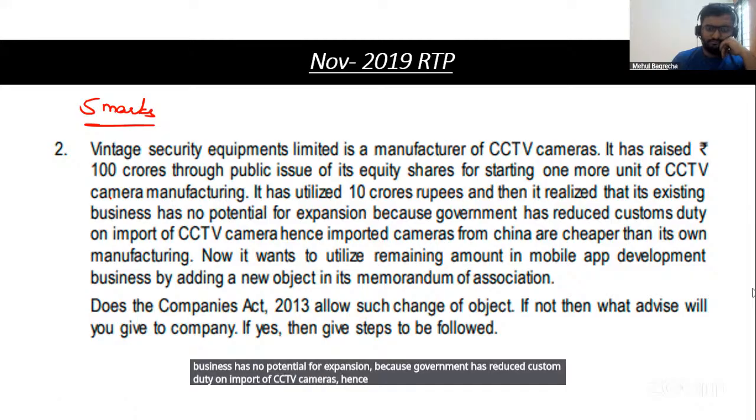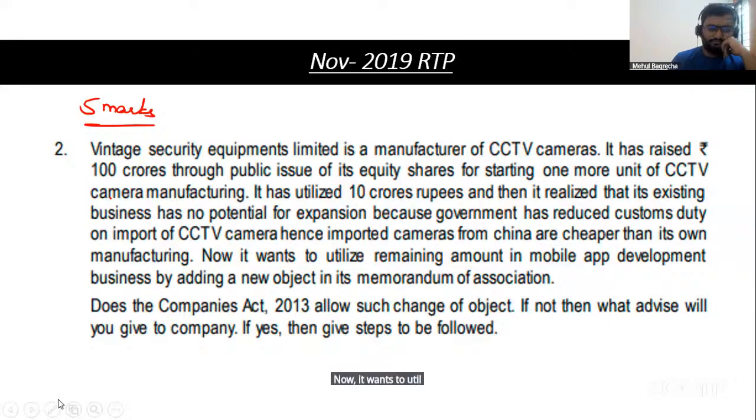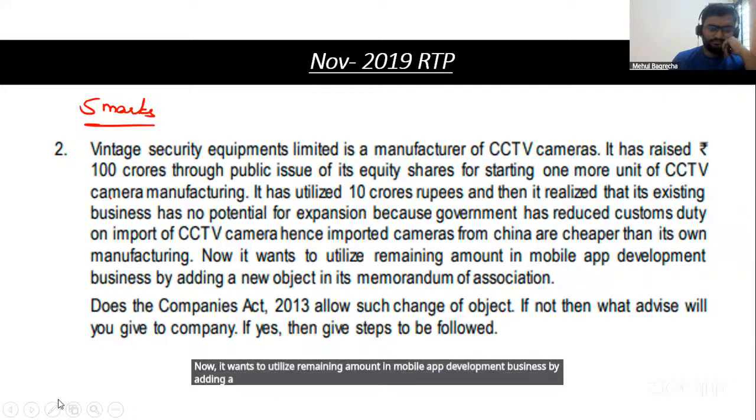Hence, imported cameras from China are cheaper than its own manufacturing. Now, it wants to utilize the remaining amount in mobile app development business by adding a new object in its memorandum of association. Does the Companies Act 2013 allow such change of object? If not, then what advice will you give the company? If yes, then give steps to be followed.